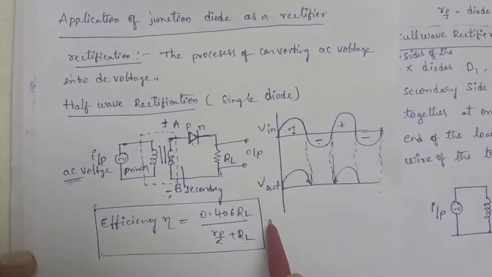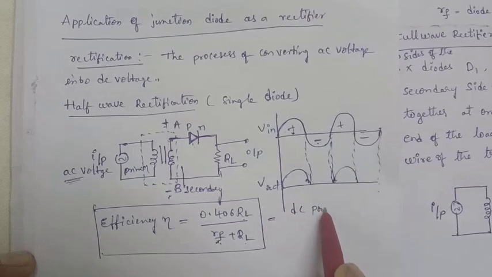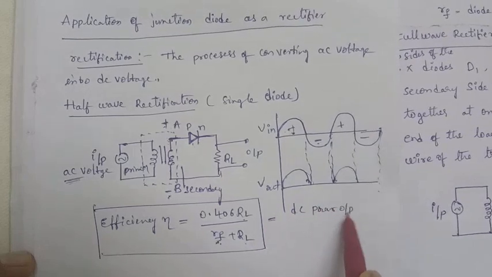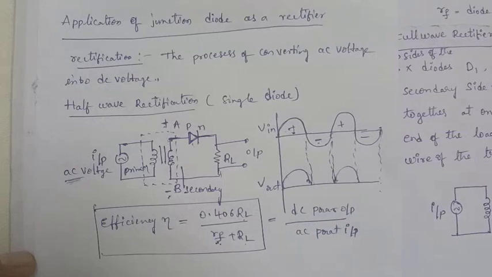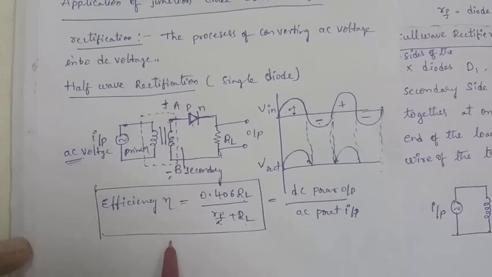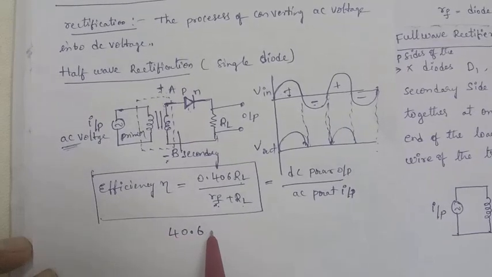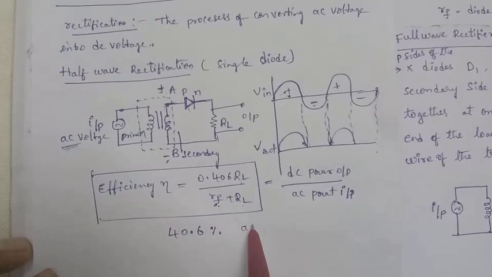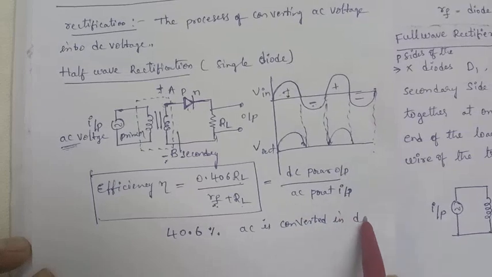But what is the efficiency formula? It is DC power output by AC power input. But here, how much percentage will be rectified? Around 40.6% of AC is converted into DC.